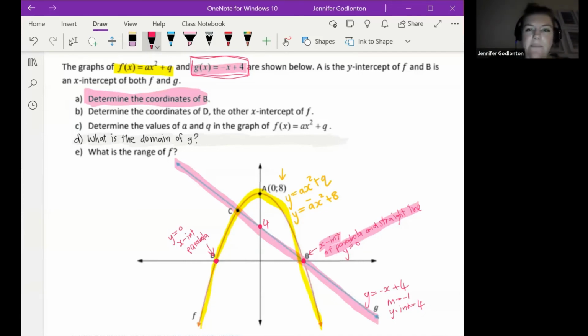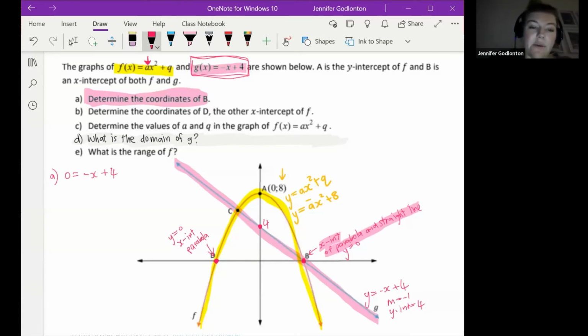Okay, great. So to work out B, we know we don't have A, right? So we can't use our parabola formula right now. So we have to think about our straight line. We know that it is an x-intercept, which means we want to make y equal to 0. So I'm going to say 0 is equal to negative x plus 4, because we've made y equal to 0.